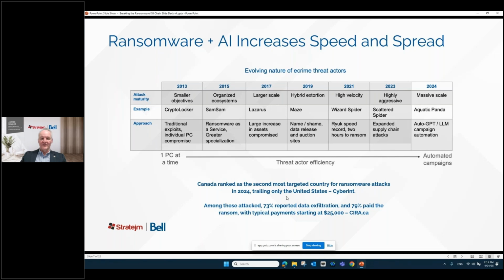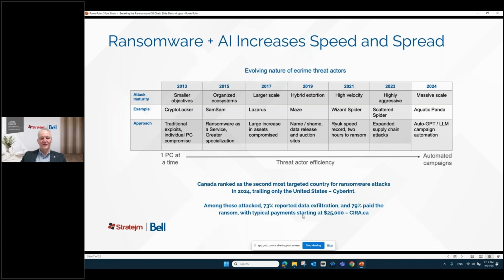And Canada is not immune. We're not even near the bottom. We're second on the list in 2024 for targets from these threat organizations, as well as looking at a CRA stat, 73% reported that they had their data exfiltrated, 79% paid the ransom.